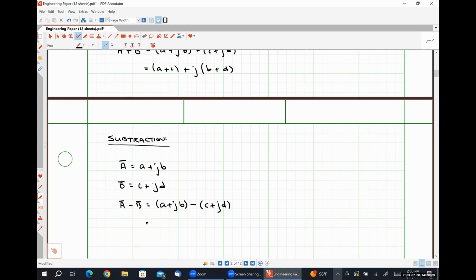And so that's going to look like a minus c, plus j, b minus d. So we're just taking the difference of the real part and the difference of the imaginary part. Okay.